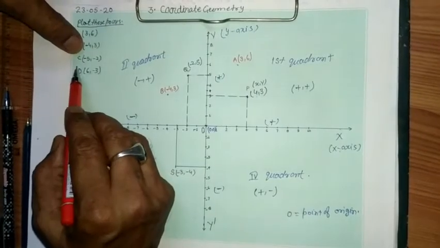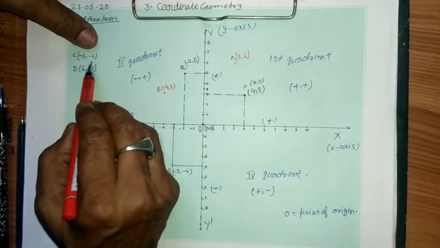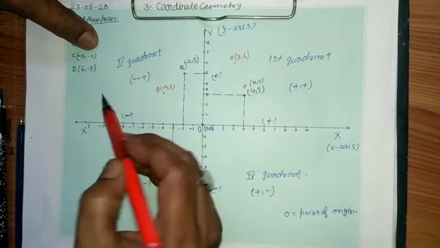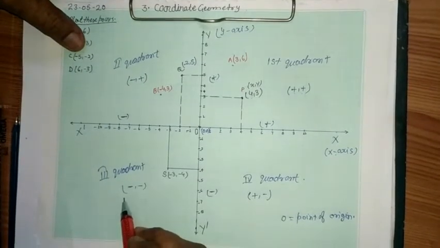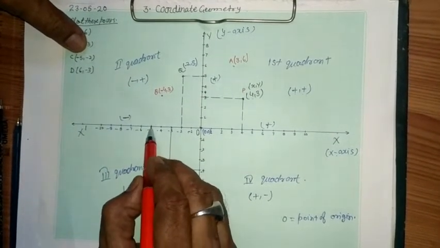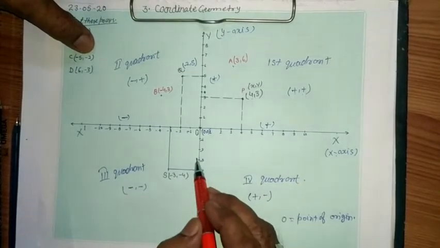Point C. Its coordinate is (-5, -2). Both are negative, so it lies in the third quadrant. Its abscissa is -5 and ordinate is -2.